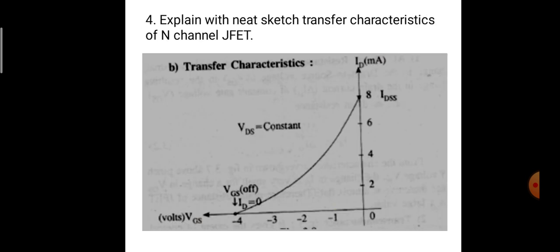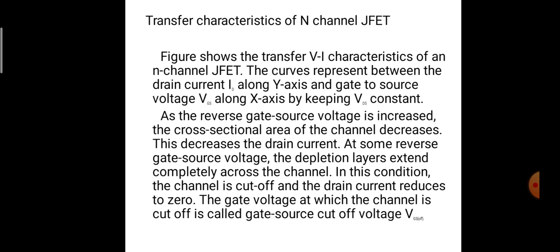Fourth question, explain with neat sketch transfer characteristics of N-channel JFET. Figure shows the transfer VI characteristics of an N-channel JFET.